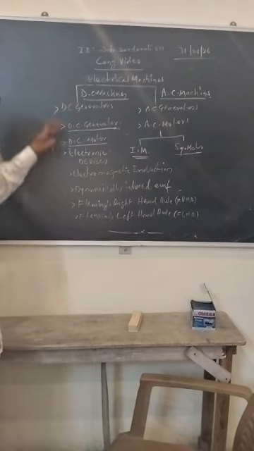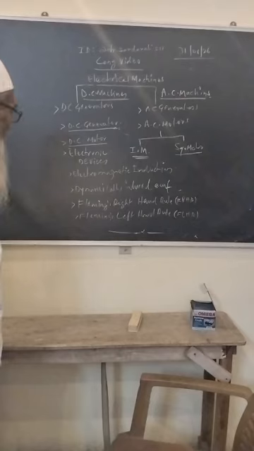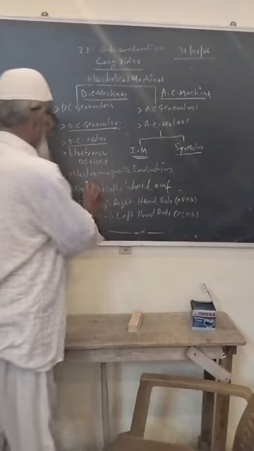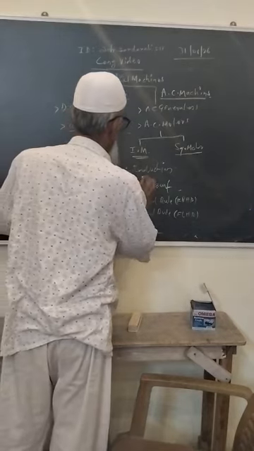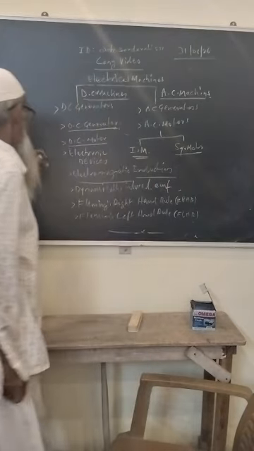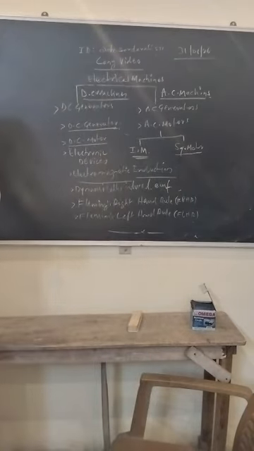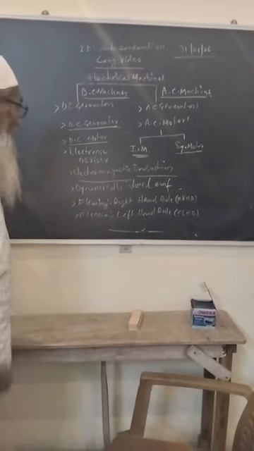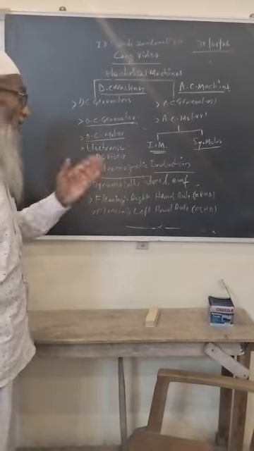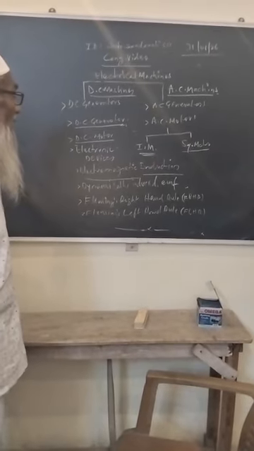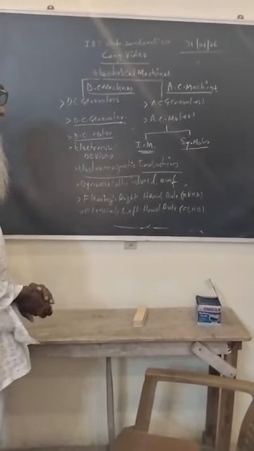As I told you, both the machines, whether DC machine or AC machine, will be working on the principle of electromagnetic induction. What is the electromagnetic induction? Electromagnetic induction is, whenever a conductor cuts the magnetic field, an EMF will be induced in the conductor.